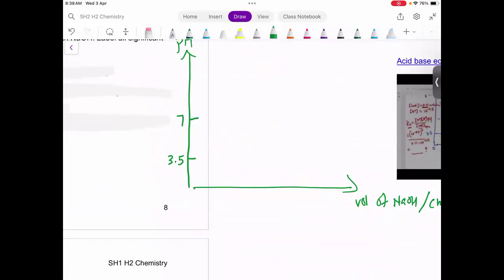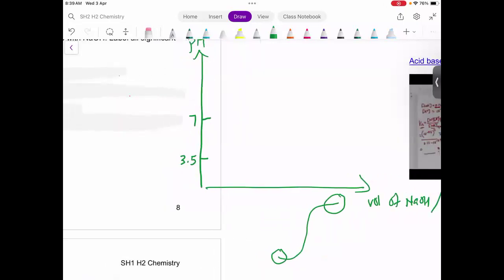If I do a very quick rough sketch, I will expect this to be the trend, because I started off with acid in the conical flask, then my sodium hydroxide will be added in excess, so it will move towards the pH of the strong base. So what's the next thing I should do?